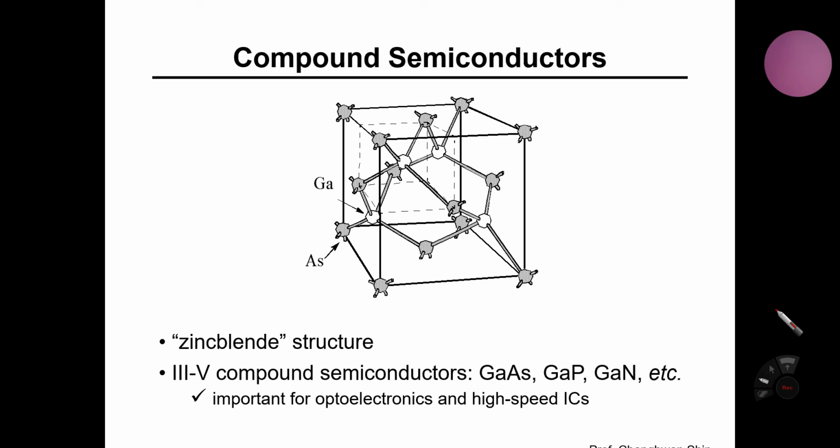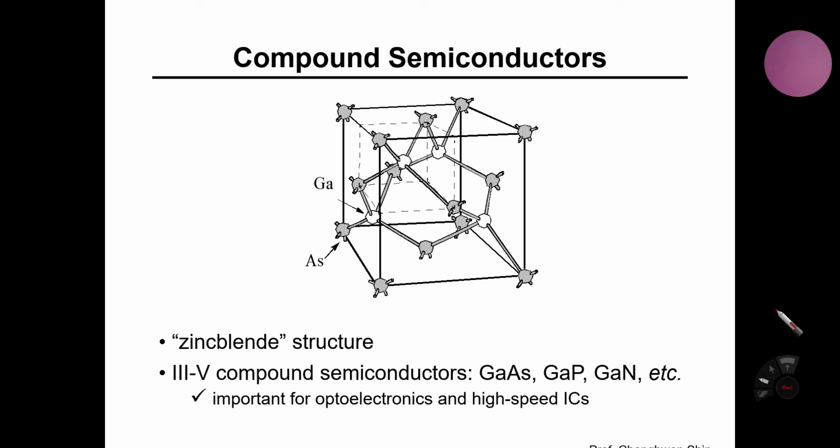In other words, we have learned that crystalline silicon material has diamond structure, but your follow-up question is, can we still use the word diamond structure for 3-5 compound semiconductors like gallium arsenide?